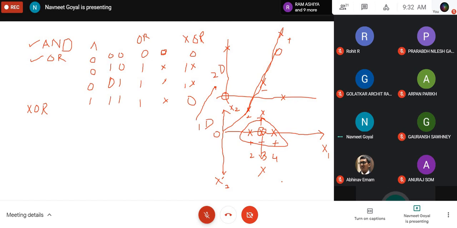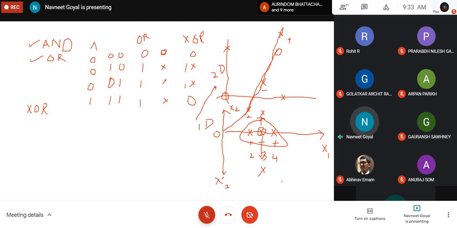Yes, sir. So what we have done is, if we have one-dimensional points which are not linearly separable, we can possibly make them linearly separable by mapping them to a higher dimensional space, right?